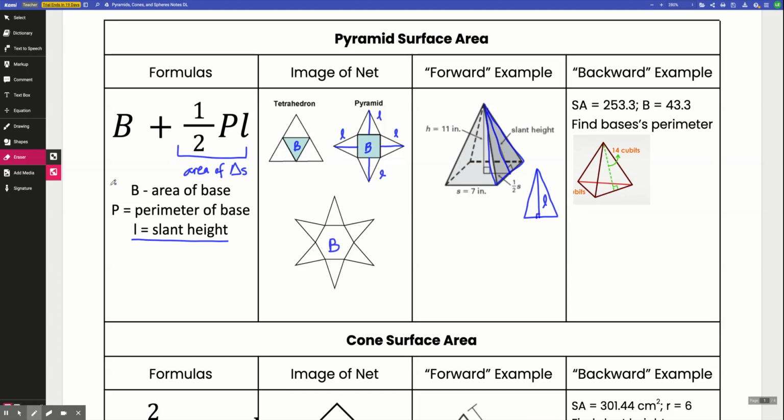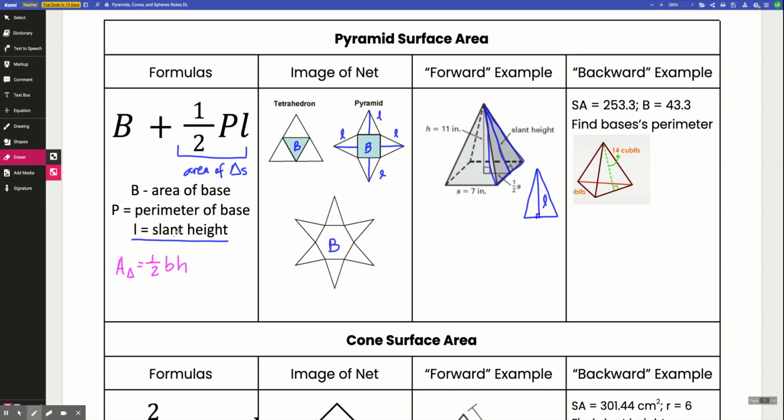So looking at the actual formula for the area of all of those triangles, I'm hoping that looks kind of familiar. It looks a lot like how we find the area of any triangle. Just as a reminder, the area of any triangle is 1/2 the base times the height.